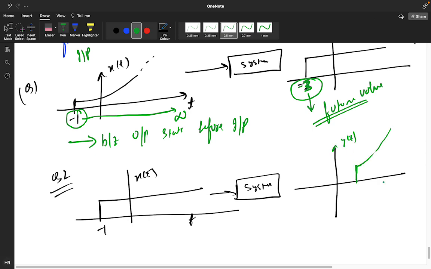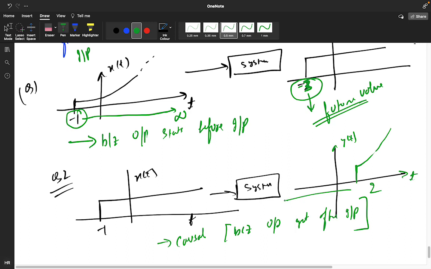This is y of t, this is t, this is 2. So is this a causal or non-causal system? It's not depending on the future. Yes, it's a causal system, because the output comes after the input. So it's not depending upon the future value.